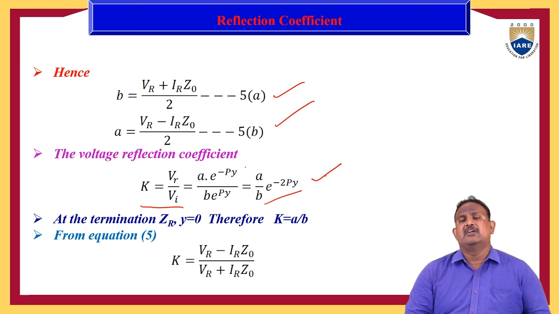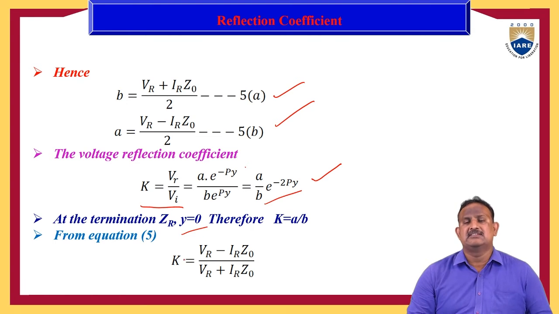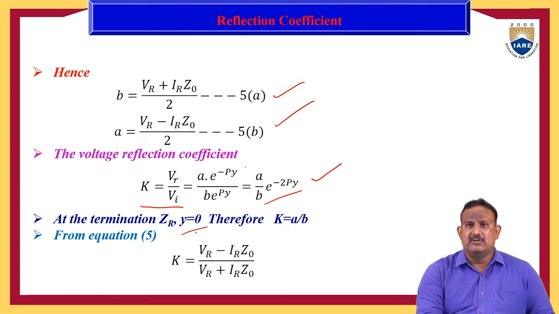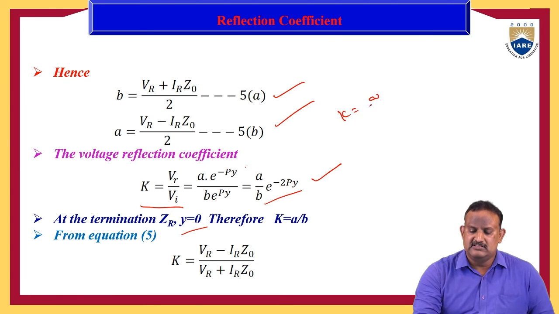At the termination ZR, we can assume y is equal to 0, because y is measured from the receiving end. Substituting y equal to 0, the reflection coefficient K is equal to A by B.